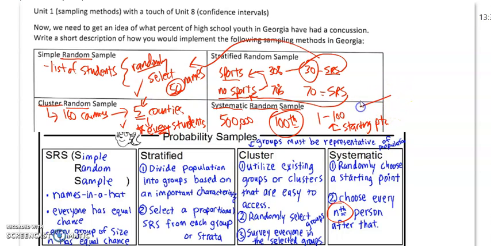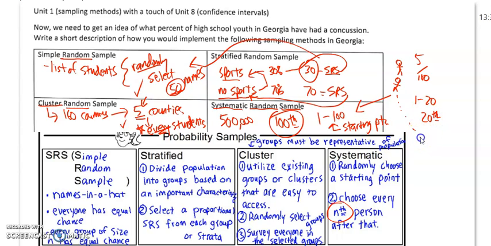Now this one does not really make much sense in our little scenario. It's usually where the group is ordered in a predetermined way. So maybe you've got kids coming off of a bus, and you want to randomly select 5 kids from this group of 100. Well, 5 kids out of the 100, you're going to randomly select a starting place between 1 and 20, and then you're going to select every 20th person after that.